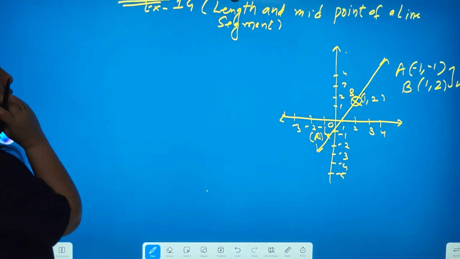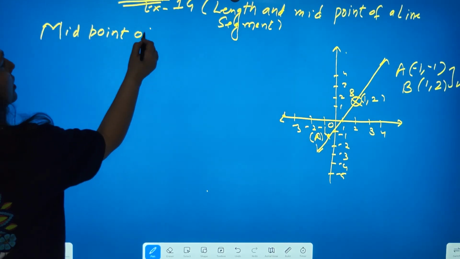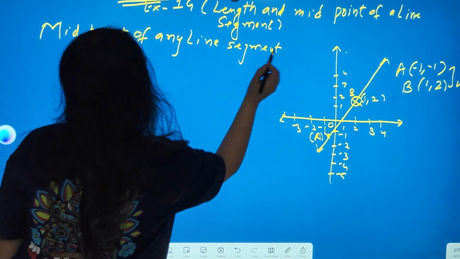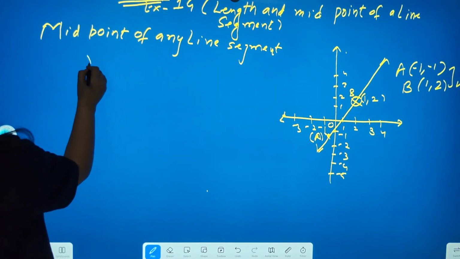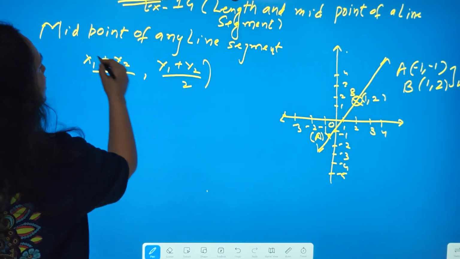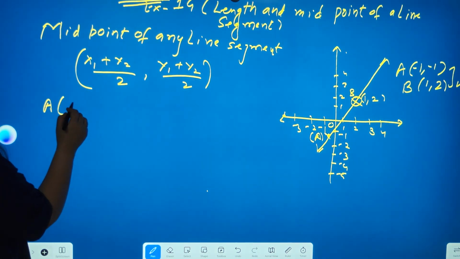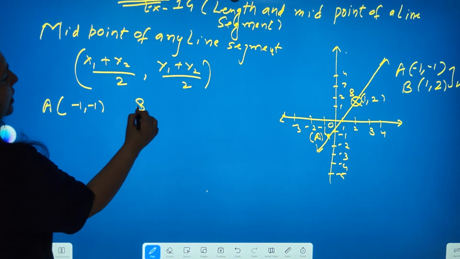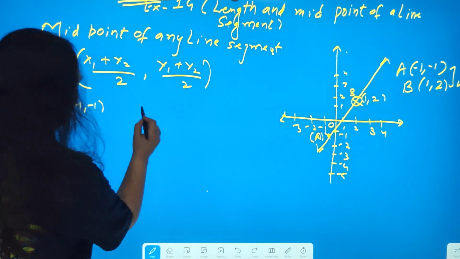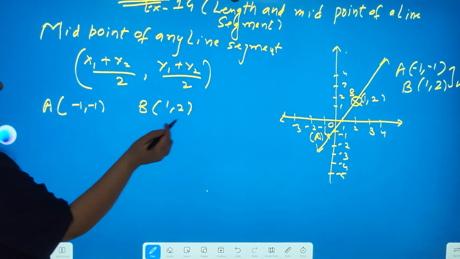Now if you want to find the midpoint of any line segment, it is x1 plus x2 by 2 and y1 plus y2 by 2. I am considering the same line here. The coordinates of A are -1 and -1, and the coordinates of B are 1 and 2.